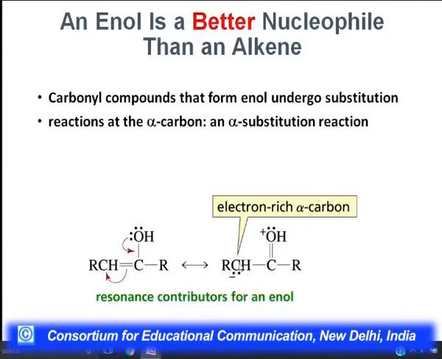So now we have two forms: one is the enolate form and the other is the enol form. These compounds which form an enol form can undergo alpha substitutions at the alpha carbon. Now the enolate ion is an ambident nucleophile.